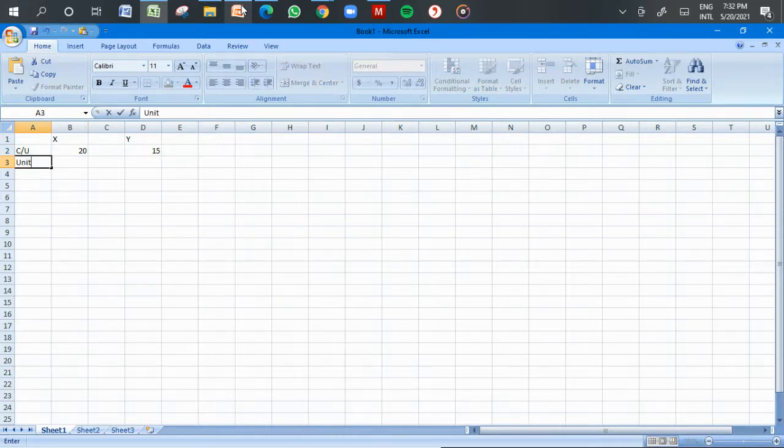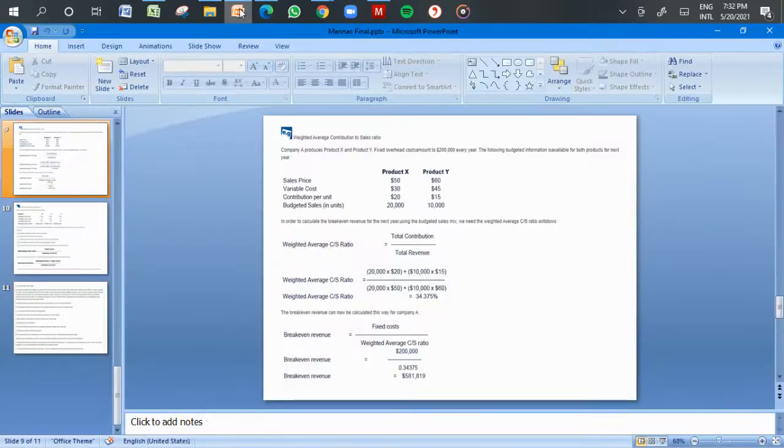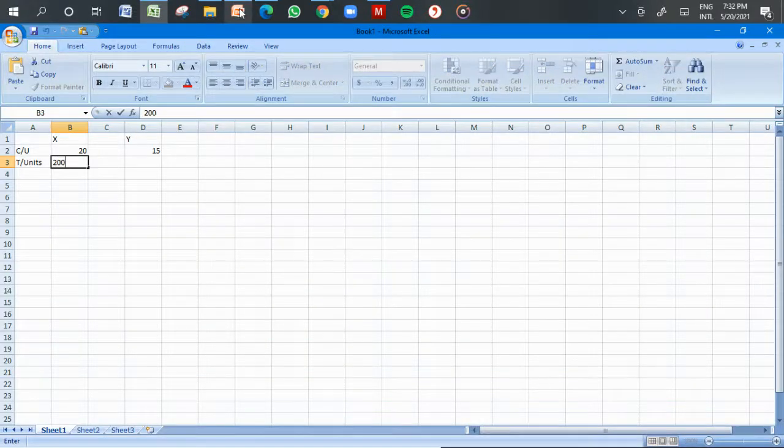Then how many units do we have? Total units we have for X is 20,000, then 10,000 for Y. Okay, then total contribution.